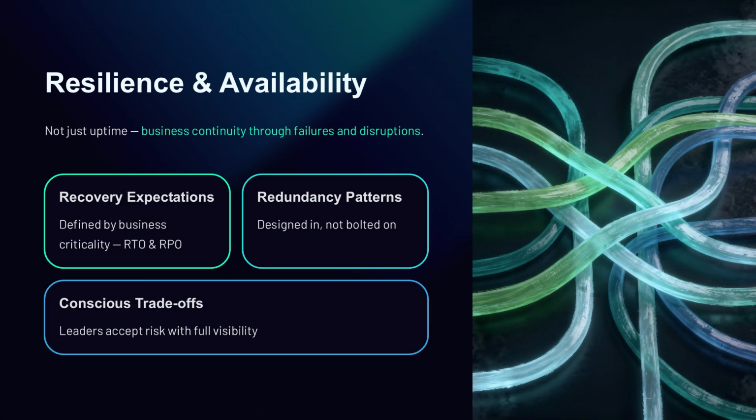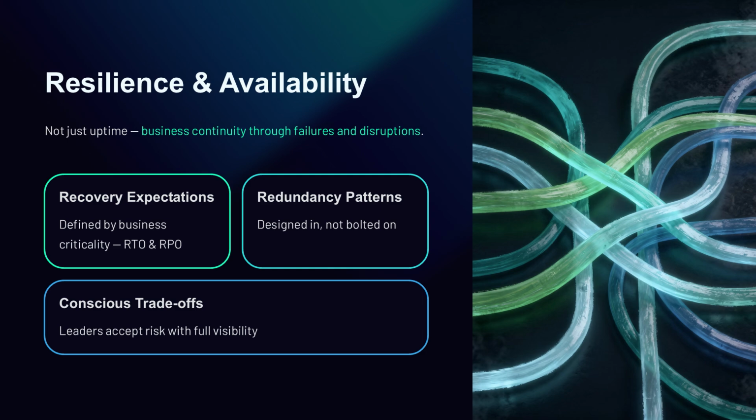Now that identity and access is anchored, you need resilience decisions because resilience is where leaders feel risk most sharply. Resilience is not only about being online, it is about maintaining business continuity through failures, incidents, and disruptions. In Phase D, you define resilience expectations based on business criticality, such as recovery time expectations, data recovery expectations, and dependency resilience.